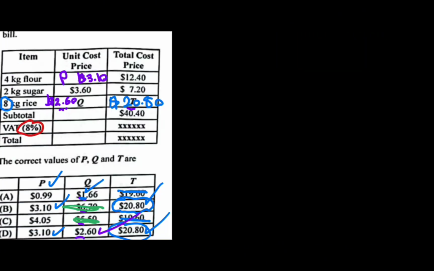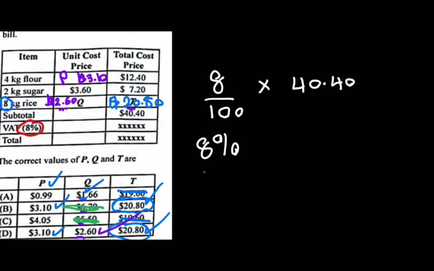So that's 8 out of 100 multiplied by the subtotal, which is $40.40. Now 8% as a decimal is 0.08.